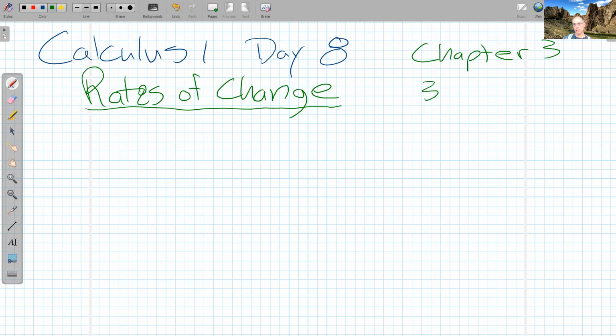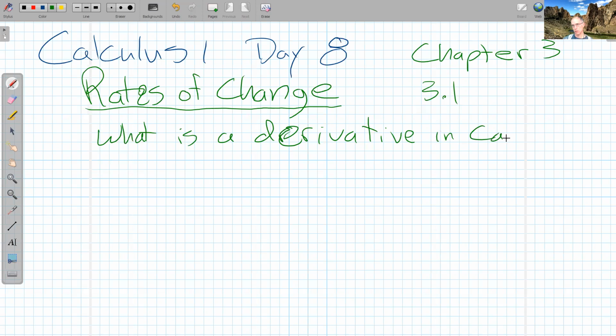And right now we're looking at section 3.1, and with respect to rates of change, 3.1 is about establishing what is this idea that in calculus we call the derivative. And this word was co-opted by the math community a couple hundred years ago, maybe 300 years ago.